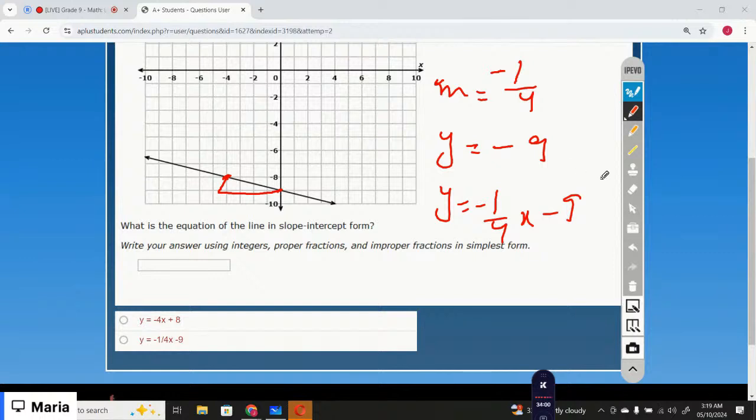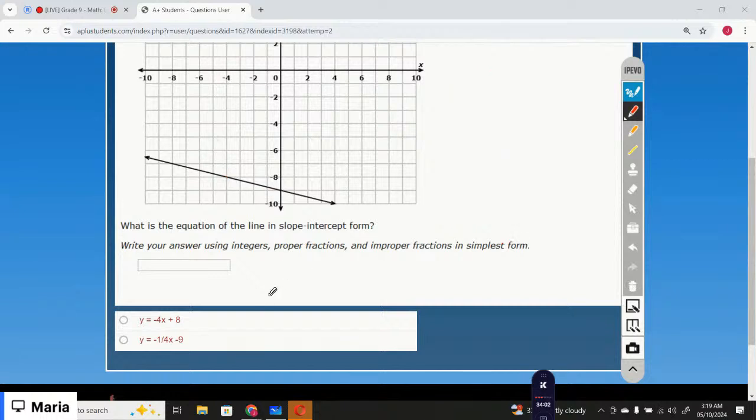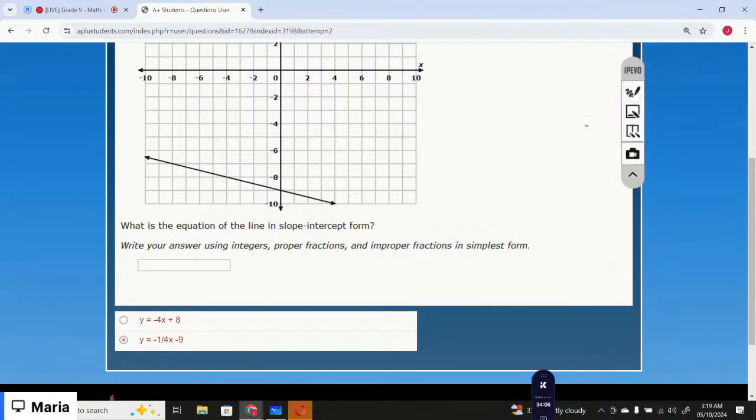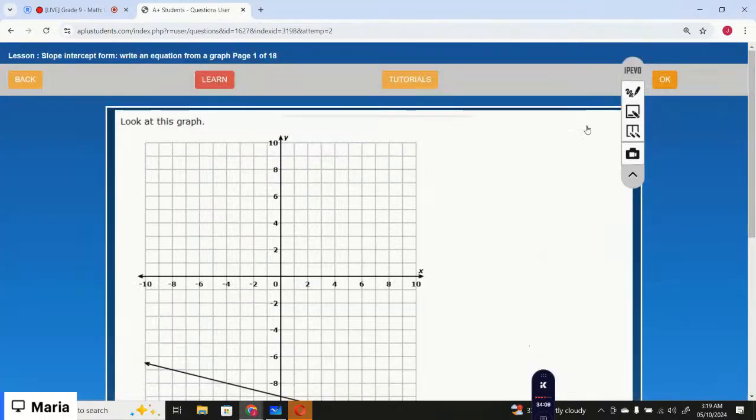So option number 2 is the correct option. That is y equals -1 over 4x minus 9. Option number 2 is the correct option. Got it?